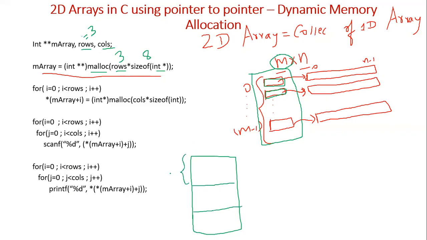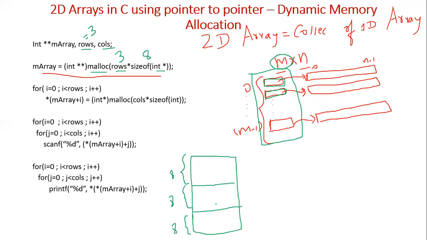So each is 8 bytes, totally 24 bytes are created. So this much memory is created, and these are pointers, pointers to integers.